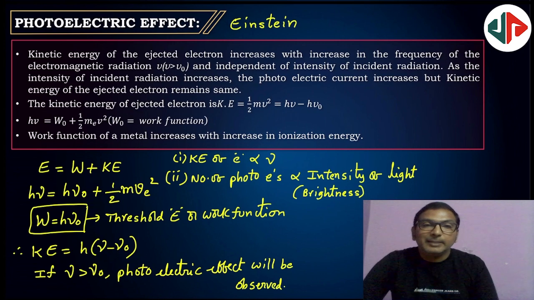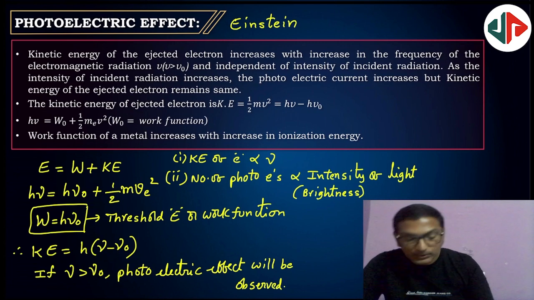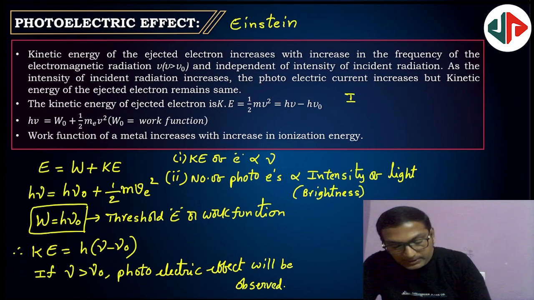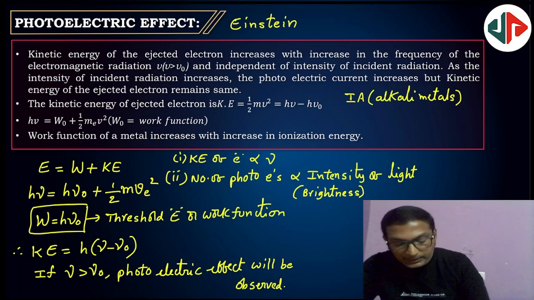Generally, alkali metals can show the photoelectric effect, that means first A group, due to low ionization energy values.